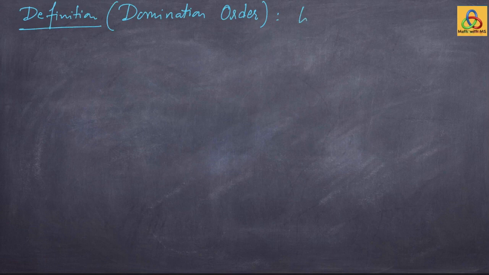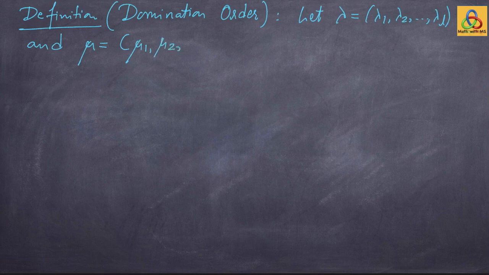So let lambda equals lambda 1, lambda 2 and so on up to lambda L, and mu equals mu 1, mu 2 and so on up to mu m, be two partitions of n.